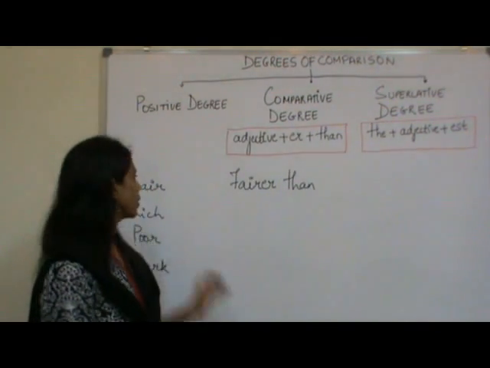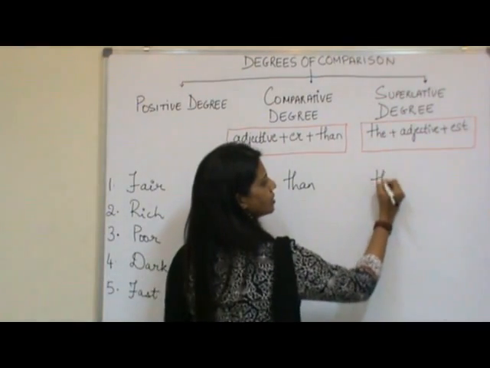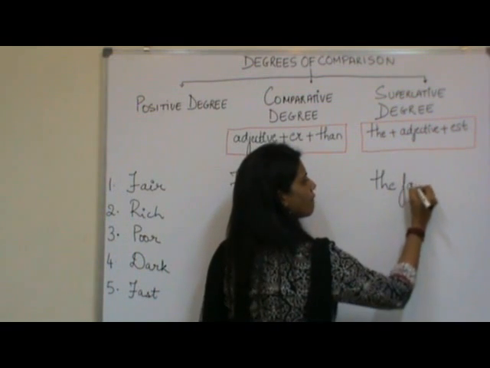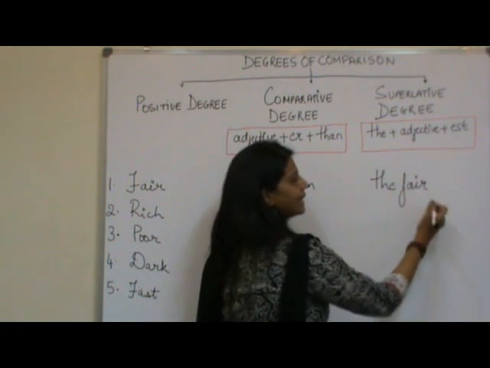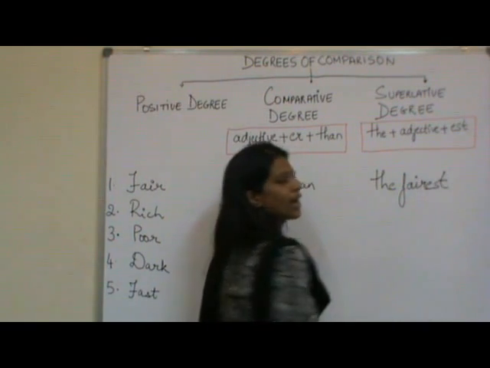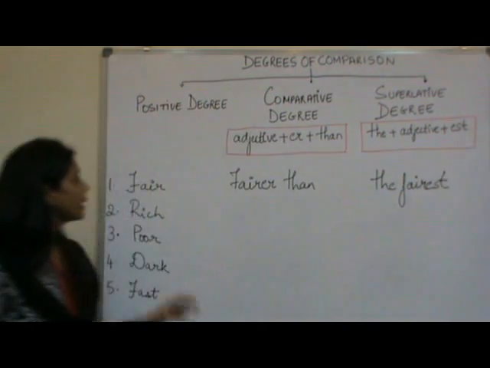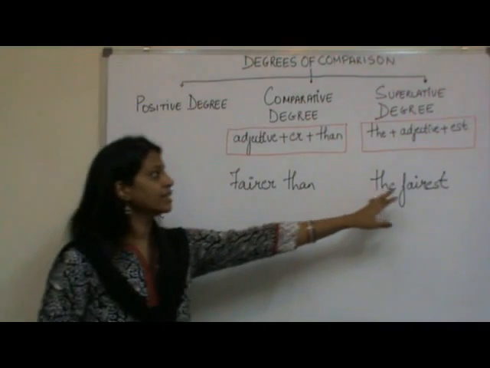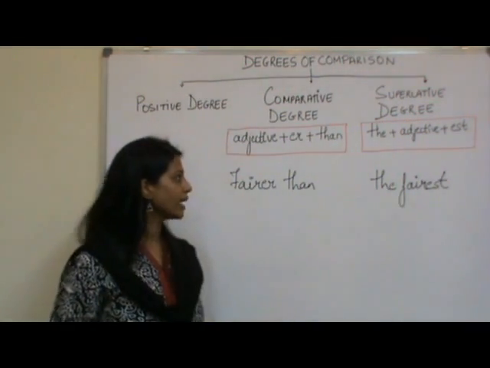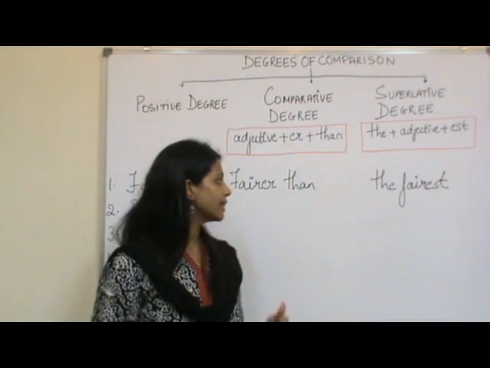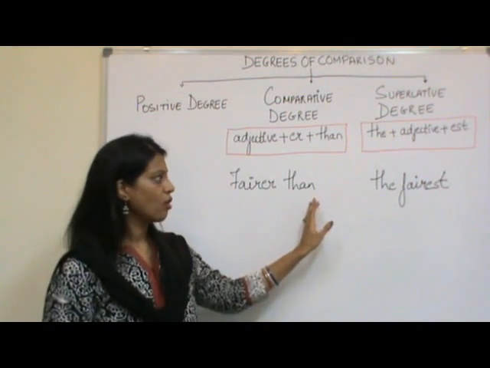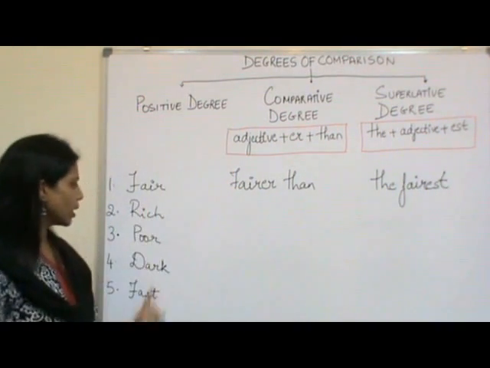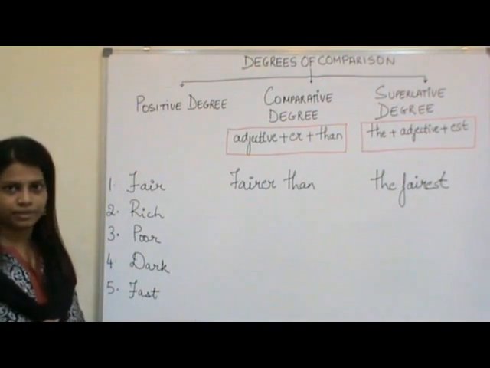For the superlative degree, you add the, then you add the adjective, that is fair, plus est. So you have the fairest. So in the positive degree you have fair, comparative degree fairer, and the superlative degree fairest. Right? If you had to use it in a sentence, then it would be fairer than, or in the superlative degree, the fairest. The rest of the words, do it at home as examples.